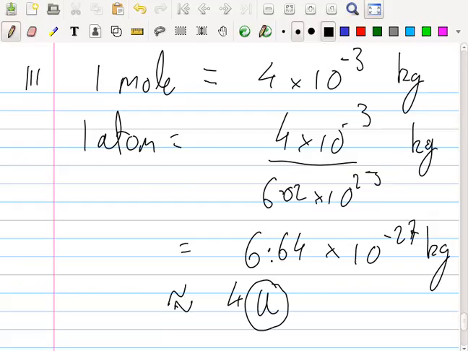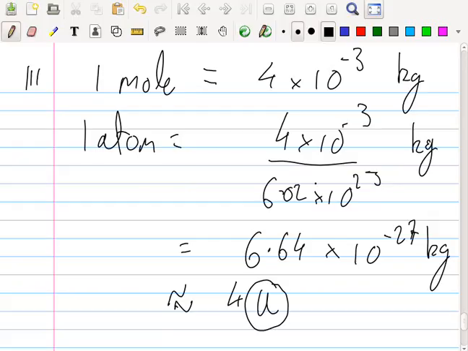U is 1.66 times 10 to the minus 27. So yes, it is roughly a quarter of it. Now it won't be exact, it's only rough.